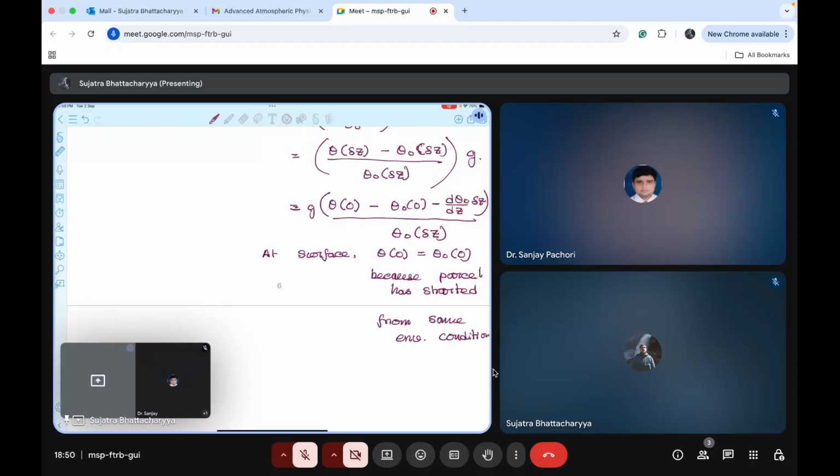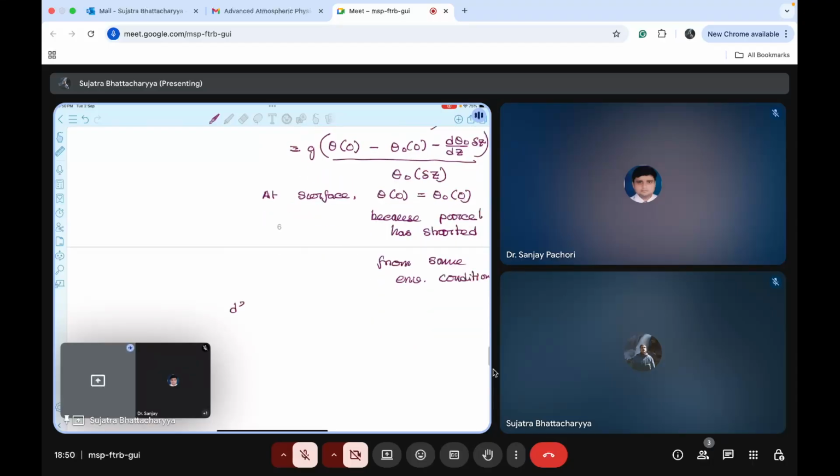All right. So this is one thing. So finally, we can write d2 by dt2 of delta z equals g by theta naught times, theta naught of 0 can be written as theta of 0 minus d theta naught by dz delta z.